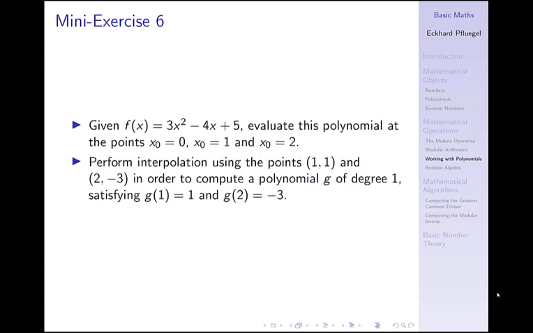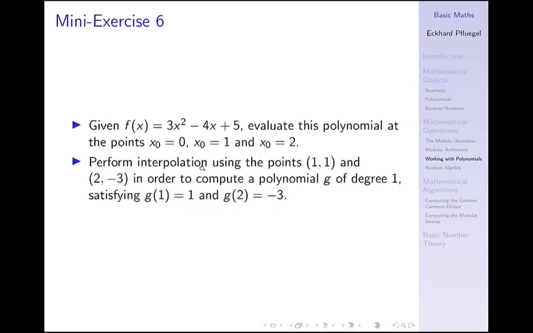And finally, practice the evaluation and interpolation tasks based on this polynomial here. So evaluate the polynomial 3x squared minus 4x plus 5 at the points x equals 0, 1, and 2.